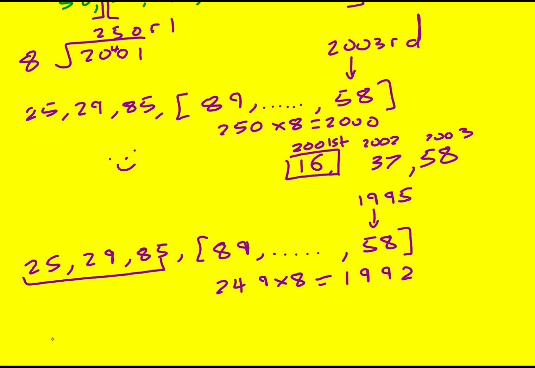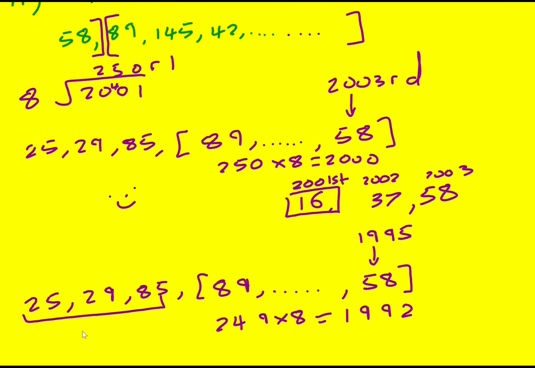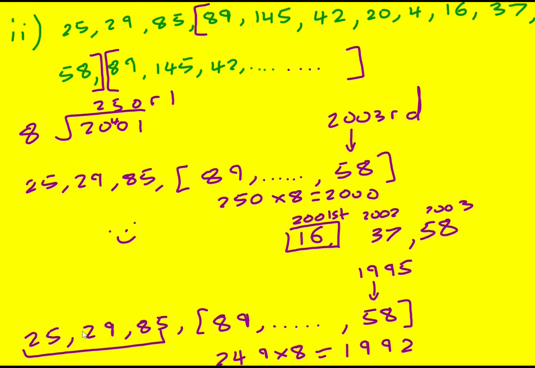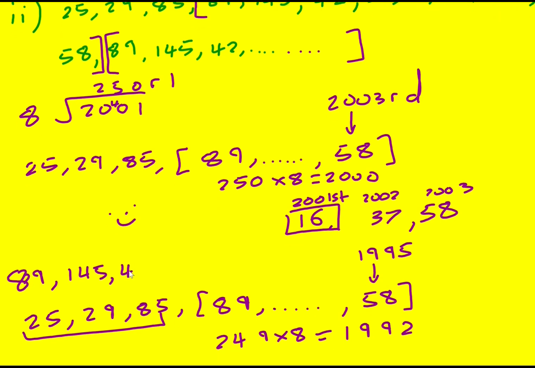So now I can start with back to 89 and then 145. Let me do it up here, 89, 145. So that is going to be the 1994. Oh wait, no, sorry.